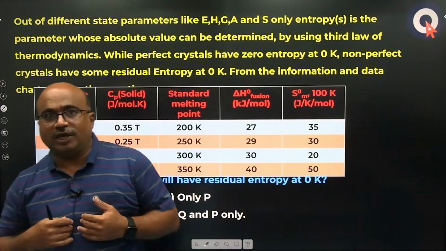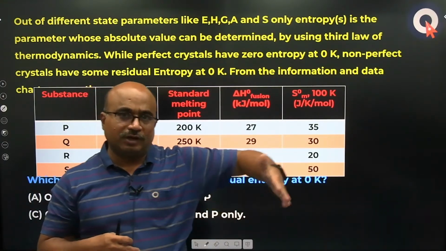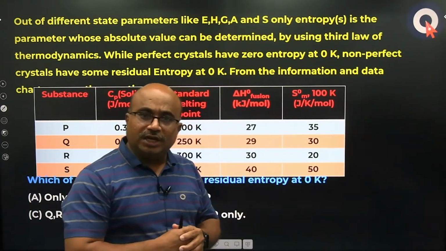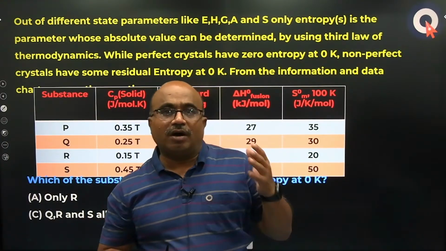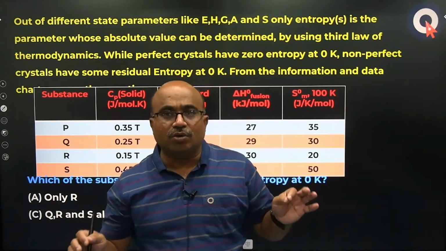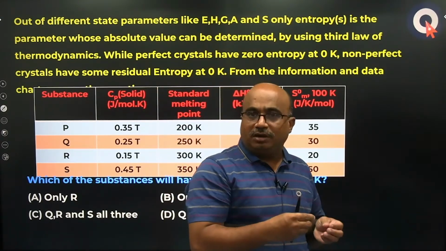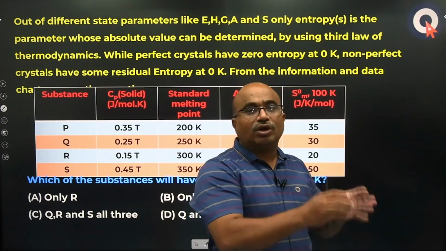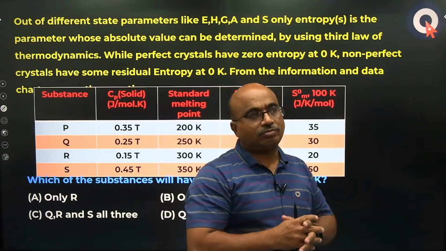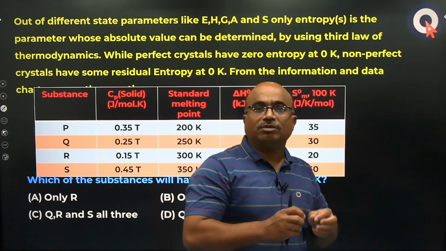According to the third law of thermodynamics, when you go to minus 273 degrees centigrade, 0 Kelvin, absolute zero, the entropy of all systems should become equal to 0. So the absolute entropy values we determine at 0 Kelvin should be equal to 0 if it is a perfectly crystalline solid.